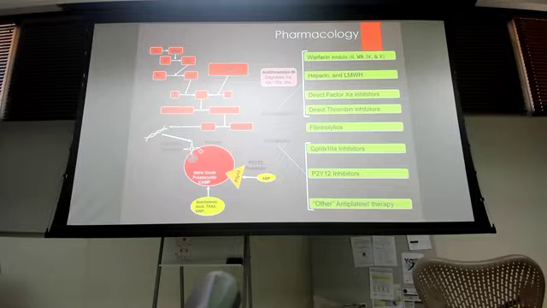Just remember from this slide that factor Xa is that common gate. So blocking Xa has broad effects on the coagulation system because you're talking about the two different pathways converging, and that's where that takes place. And as I mentioned at the start of the lecture, the antiplatelets and the anticoagulants work on two different mechanisms for clotting and thrombus formation, but in normal homeostasis, they're working together.